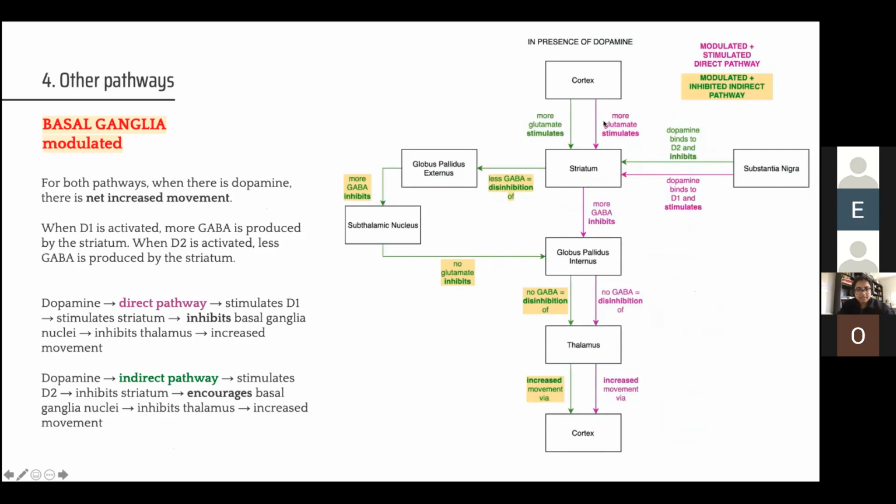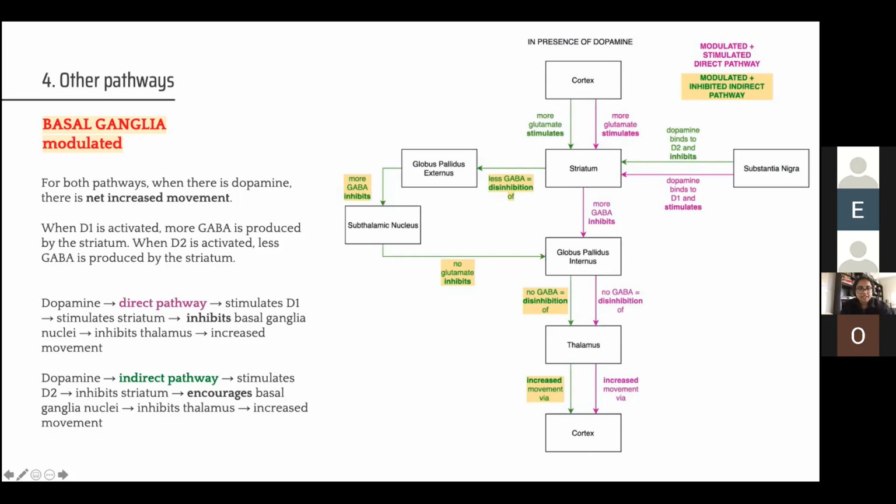They're the only things that change when you add dopamine. As you can see, none of the purple parts are highlighted. What that tells you is that when you add dopamine to the direct pathway, it just makes the direct pathway work more. The direct pathway already increases movements, so if you add dopamine, it's just going to increase movement more.